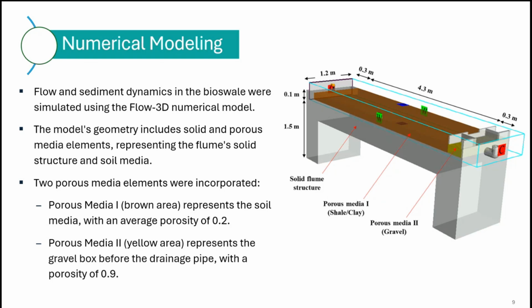At the end, we had the box with the gravel in it. So we took the results from the lab, with the porosity of 0.9 for the gravel and 0.2 for the gravel at the end. And then we ran this numerical simulation to see what we can learn from this 3D modeling. Next slide, please.